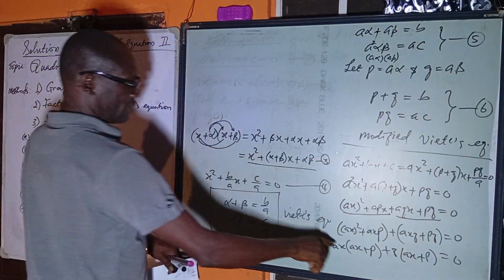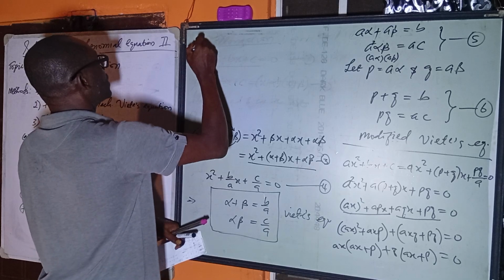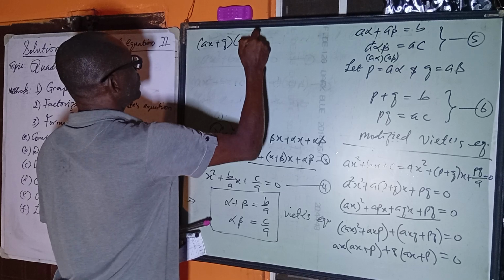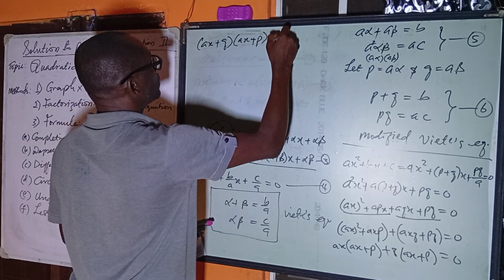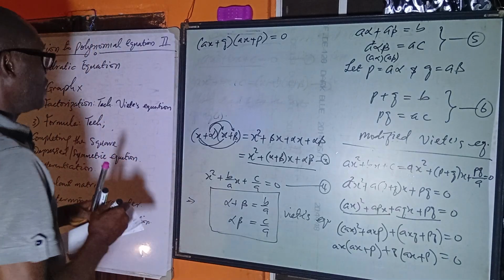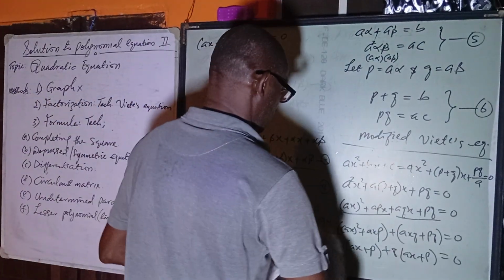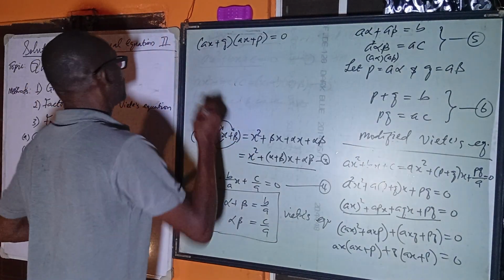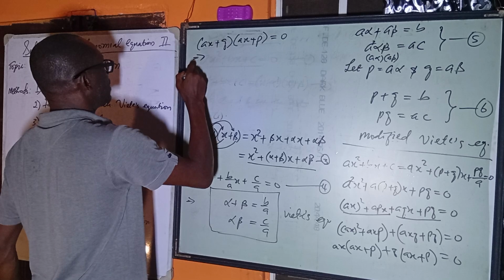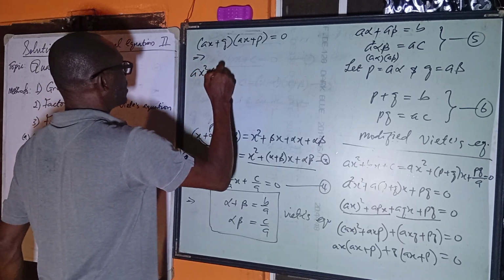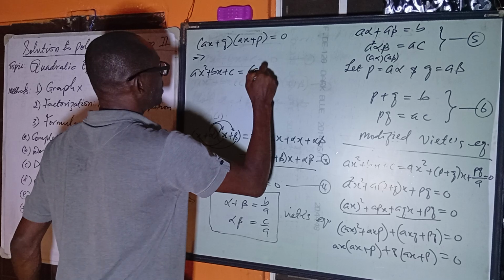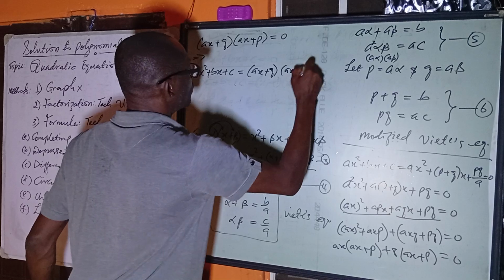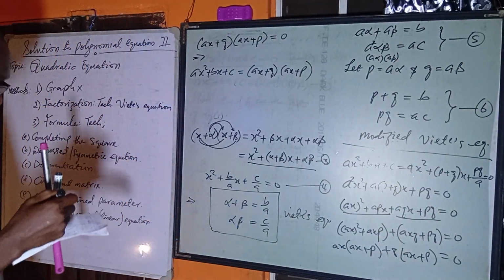If I factorize it, I'll have (ax plus q) into (ax plus p) equals 0. We've gotten the two factors. So this implies that ax squared plus bx plus c is equal to (ax plus q)(ax plus p). So we've actually factorized this equation.